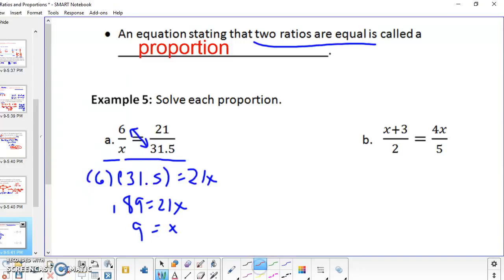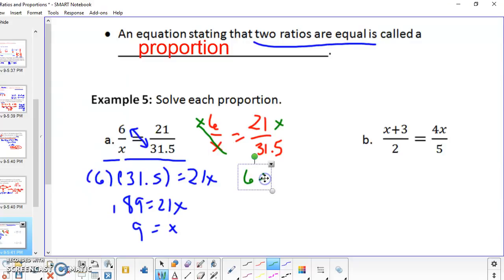Now, some of you might have looked at this and said, why can't I just multiply both sides by x to get the x out of the denominator? So then I would get, those x's would cancel, and I would get 6 equals 21x over 31.5.